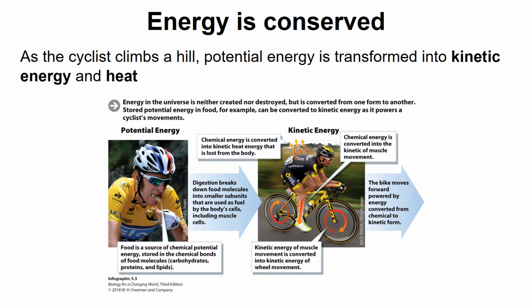So we went from potential energy in the form of the granola bar to now kinetic energy, right? Energy in motion. And whenever the cyclist is pedaling, their body temperature is increasing, right? And so that means that some of the energy is being released as heat. So we go from potential energy to kinetic energy to heat.